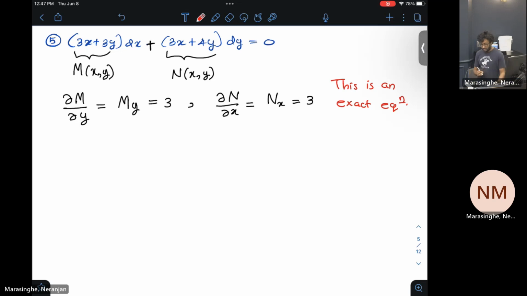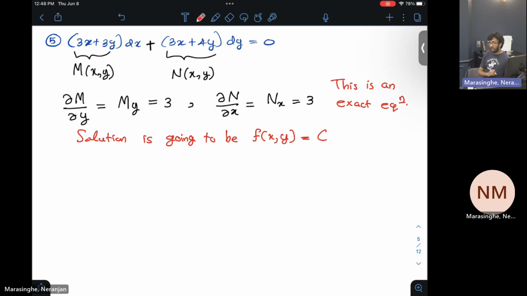Since this is an exact equation, we know that the solution is going to be f(x,y) is equal to c. Therefore, the differential is going to be equal to 0.